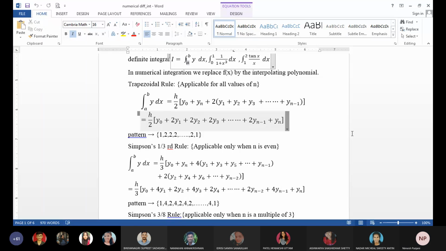Even suffix means y2, y4, y6 and so on. So in Simpson's 1 by 3, first and the last term will have the coefficient as 1, terms with odd suffix will have the coefficient as 4, terms with even suffix will have the coefficient 2. Now it's okay.